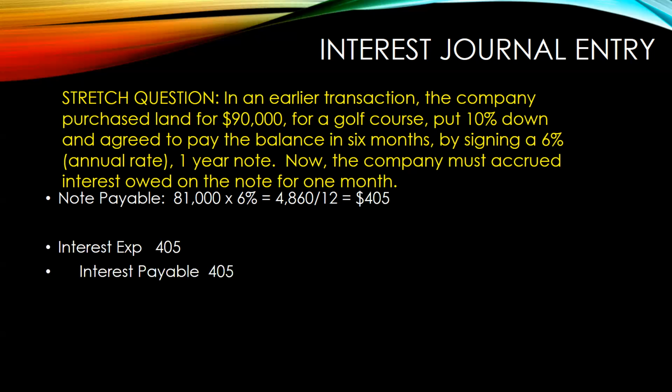If you'd gotten both of these correct, but the wrong dollar amount, I would have given you the full 2 points. If you'd used accounts payable instead of interest payable, I would have given you those points because it is a stretch question, okay? But you had enough information to do that accrual and get at least interest expense and at least accounts payable there. So that's why I wanted that there.